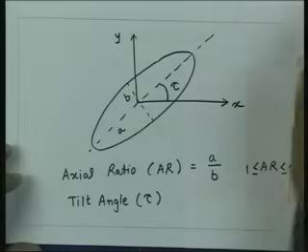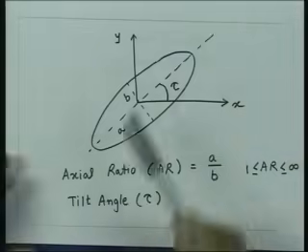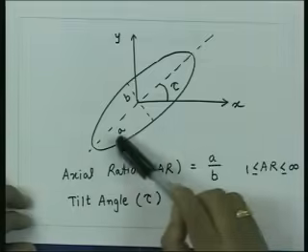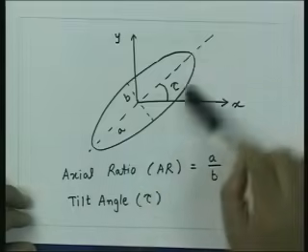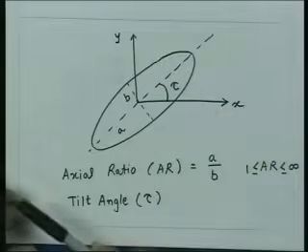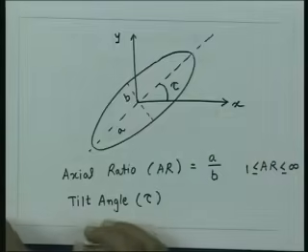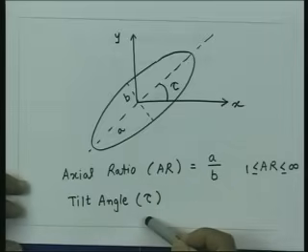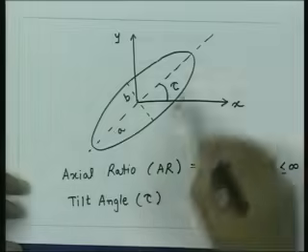However, you recall that only the shape of this ellipse is not enough. We have to capture the rotation of the ellipse also. That means the way the ellipse is drawn, whether it is this way or that way, that also is needed to define the state of polarization uniquely. These two quantities which we have defined here, the axial ratio and tilt angle, they define only the shape of the ellipse.